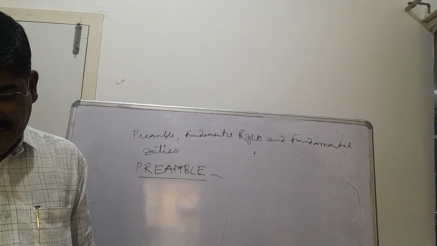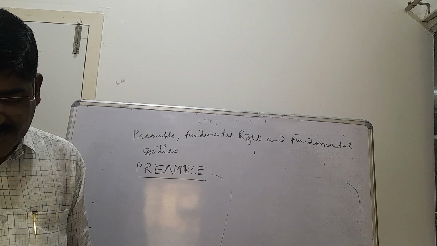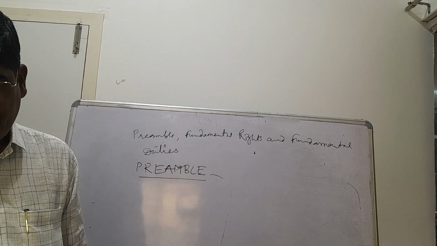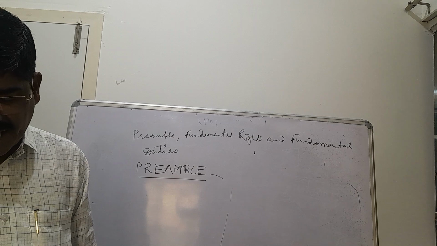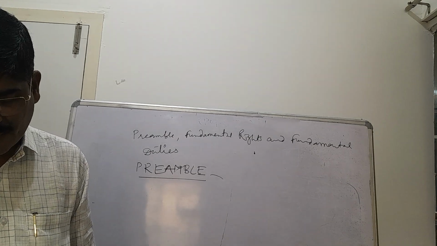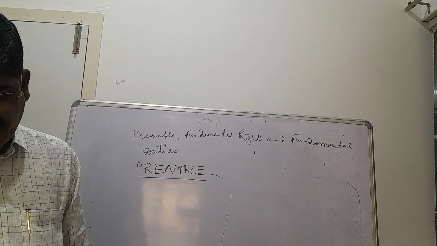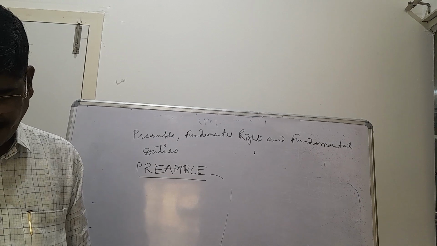Who was born in the territory of India, or whose parents were born in the territory of India, or who has been ordinarily resident in the territory of India for not less than 5 years immediately preceding such commencement, shall be a citizen of India.